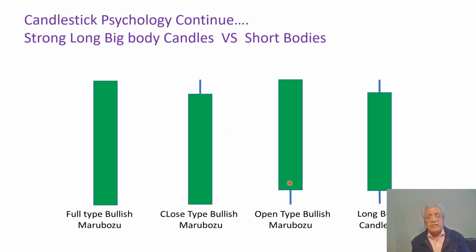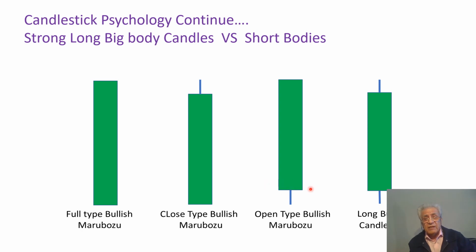This one is the opening type Marubozu. Now, in the opening type Marubozu, the strength is almost the same, whereas here you see the presence of sellers in the market that push the price a little bit down.